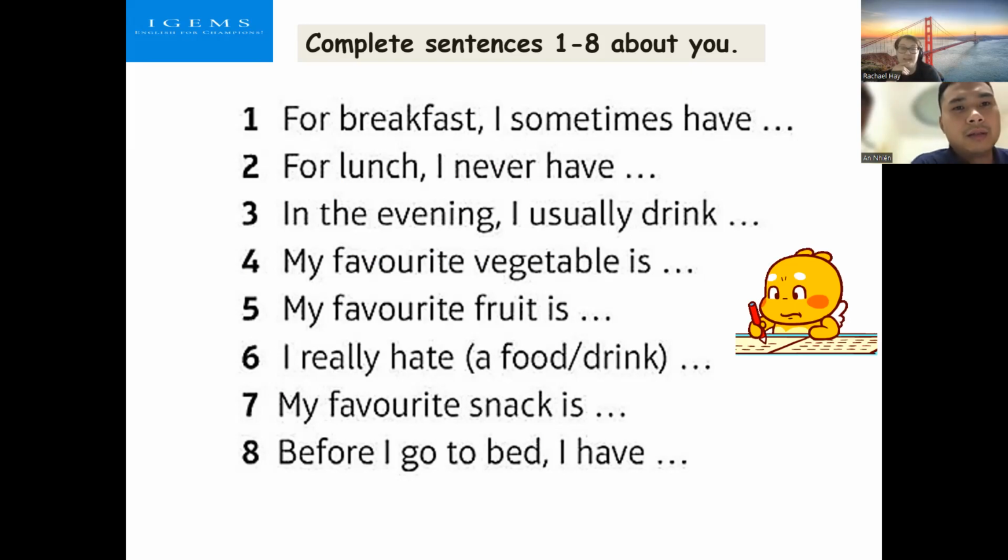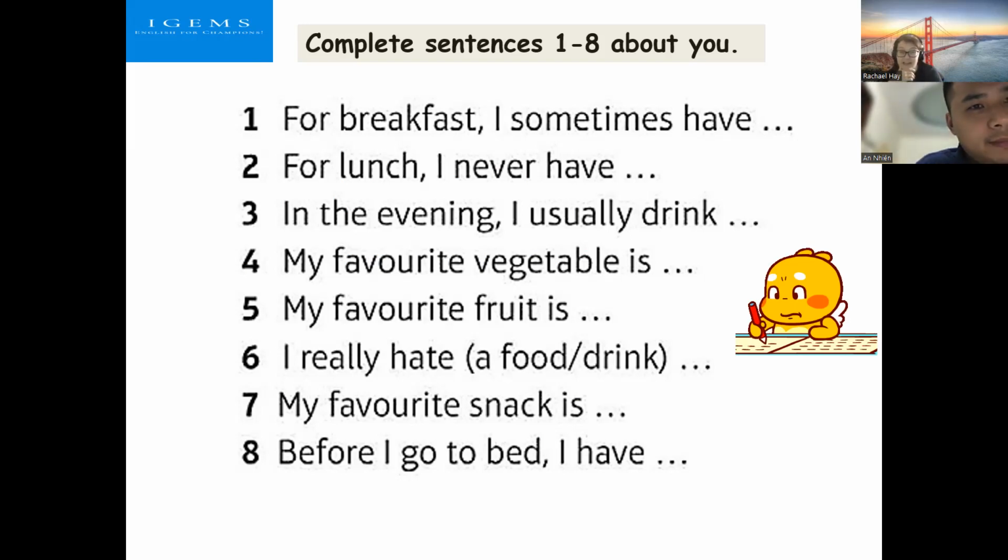A bread. Good. For lunch, I never have. So what don't you eat for lunch? For lunch, I never have any potato chip. Good.